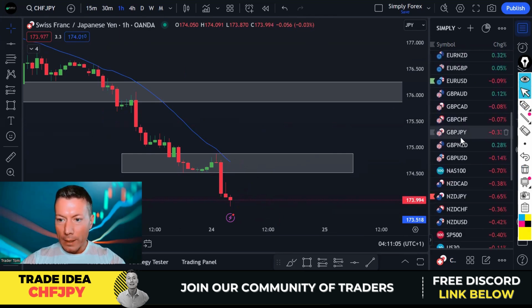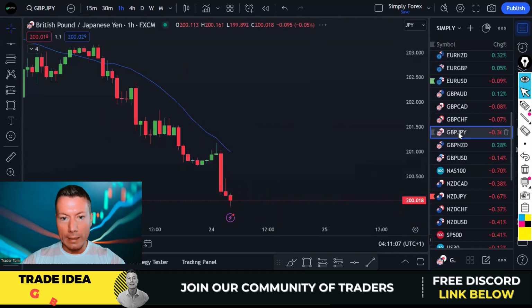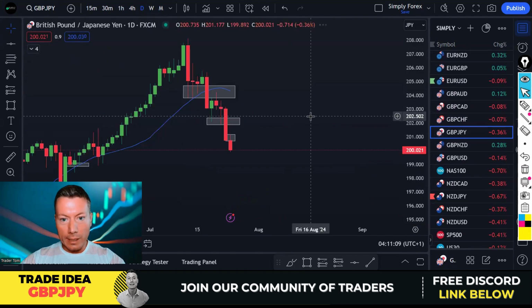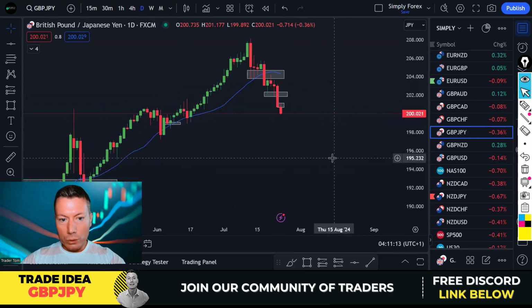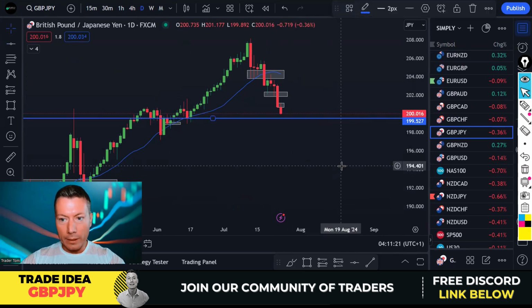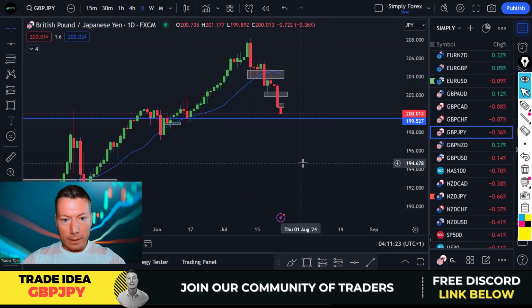And then the final pair I'm looking at today is pound yen. Again, if we start with the day chart, because we need to understand trend. And also, guys, I need to put in a target here. All I'm going to aim for is the next psychological level, this 199.52, because you can see price has reacted here previously, and this would be a good target.